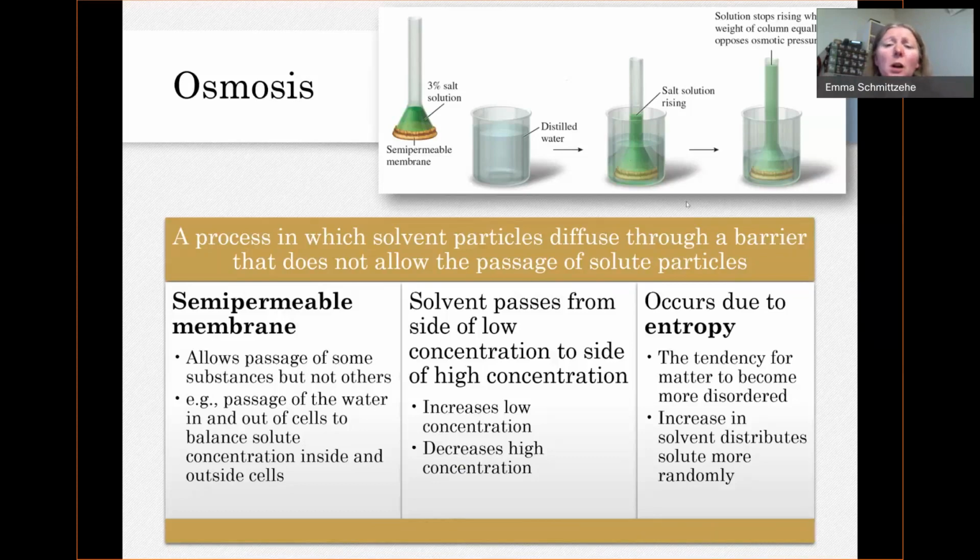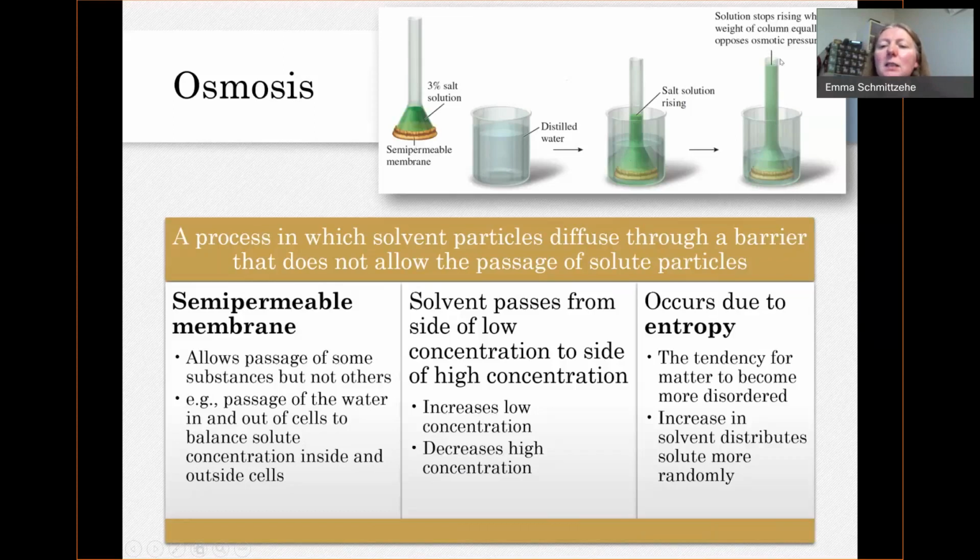But like I said, this process actually can be stopped, and it will seemingly stop on its own. The reason that it stops when it does is either because the concentrations are equal or because something is applying a pressure to it. That's what's happening here when this solution stops rising in that third part of the picture.